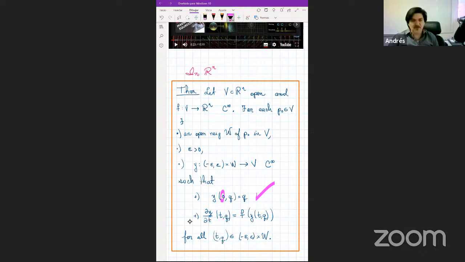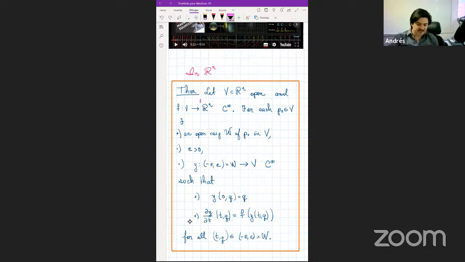Right? So this is the integral curve. I put t here. At 0 it is the identity. And this is the differential equation of the integral curve. You see Q is fixed. It's any point on W. And if I take the derivative with respect to t, I get the vector field at the point. Right? So this is just what we see as the flow of a vector field.